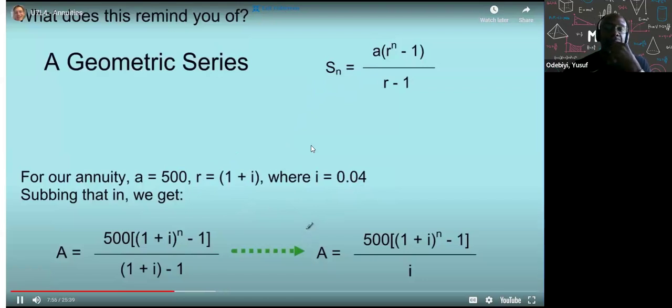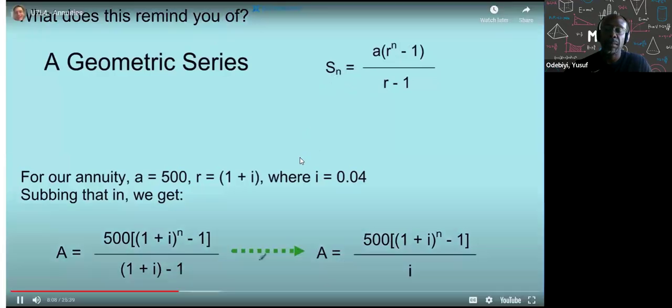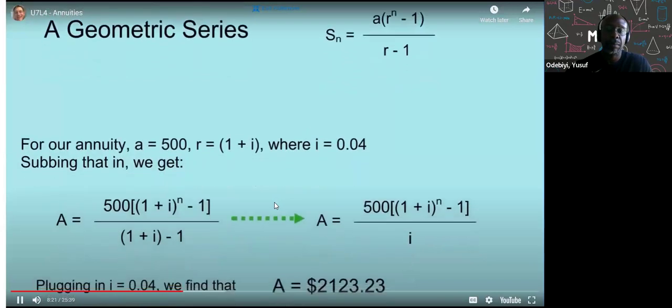I was 0.04. And if we sub those things into our formula, instead of saying Sn, we can just say A for amount. We plug all those numbers in, and this is our formula: A equals 500 times (1 plus I) to the exponent n minus 1, all over I. If we put in I equals 0.04, we end up with A equal to 21.23 and 23 cents.